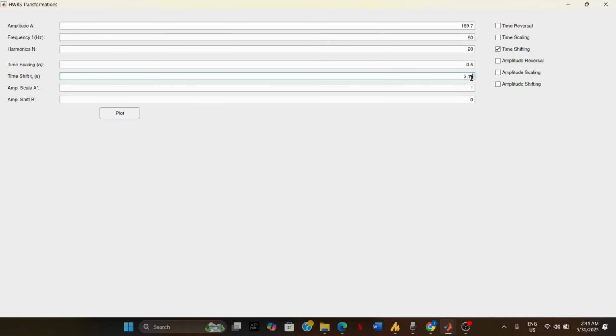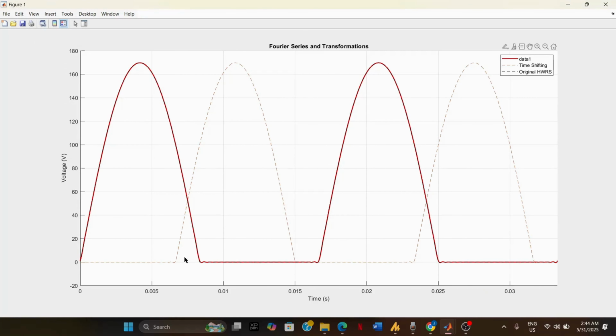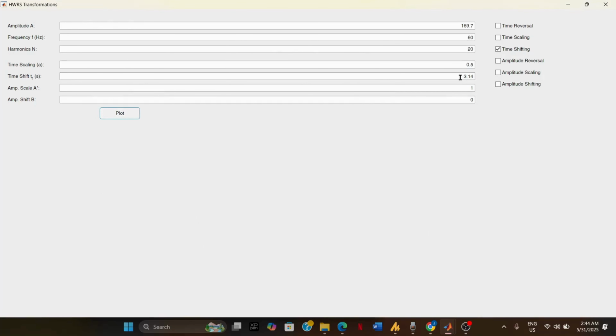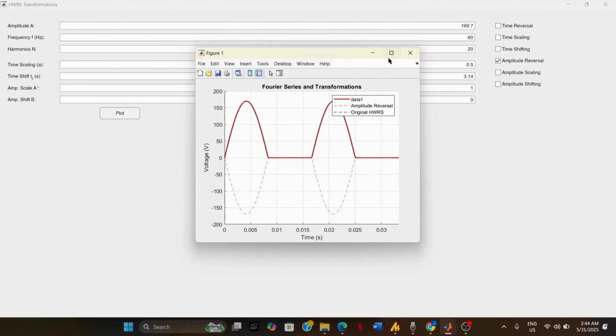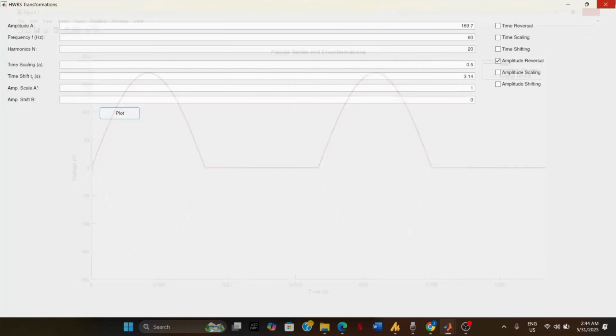When we click the plot button, the app constructs a Fourier approximation of a half-wave rectified sine wave. Shown is the Fourier series we've used to approximate the half-wave rectified sine wave, where A is the amplitude, w is the angular frequency, which is equal to 2 pi f, and n is the harmonic index from 1 to N. In the resulting figure, a red line shows the Fourier approximation of the half-wave rectified sine signal.